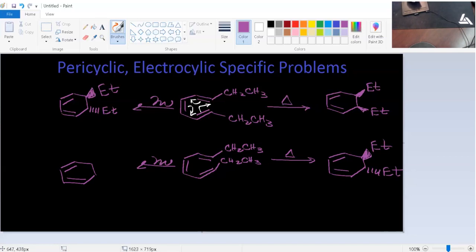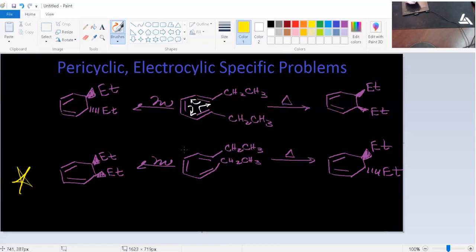And then over on the photochemical, just do the opposite of the thermal in this case. And that would be with your two ethyls doing the same thing. So either both on a wedge or both on a dash. Again, this is meso, so it doesn't matter if you said dash or wedge. Let's convince ourselves real quick that we can get to these products.